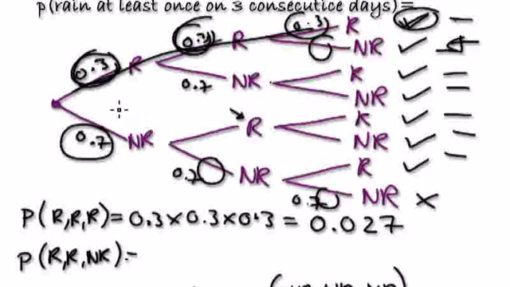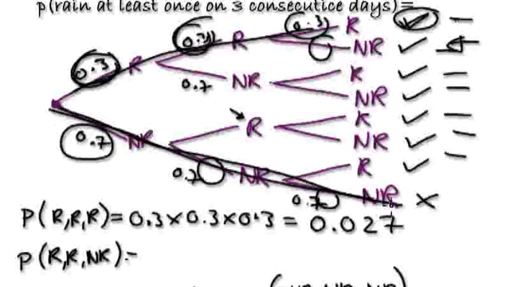Okay, because we know that if you add up all the branches, it must come to 1, because you've drawn a map of all the possible things that could happen. If you add up all the branches, it comes to 1. I know that I need all the branches except for this one here. So I'm just going to work out this one here and just get 1 take away this branch here.